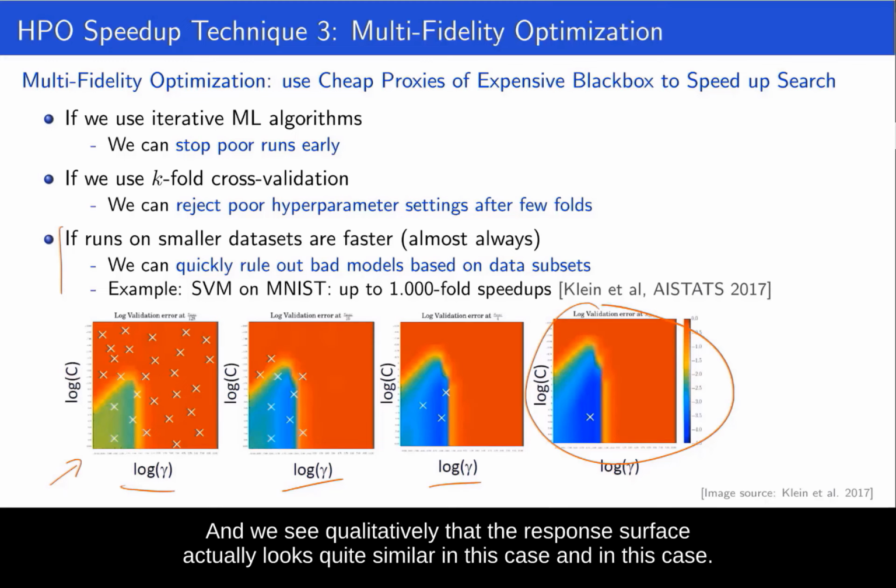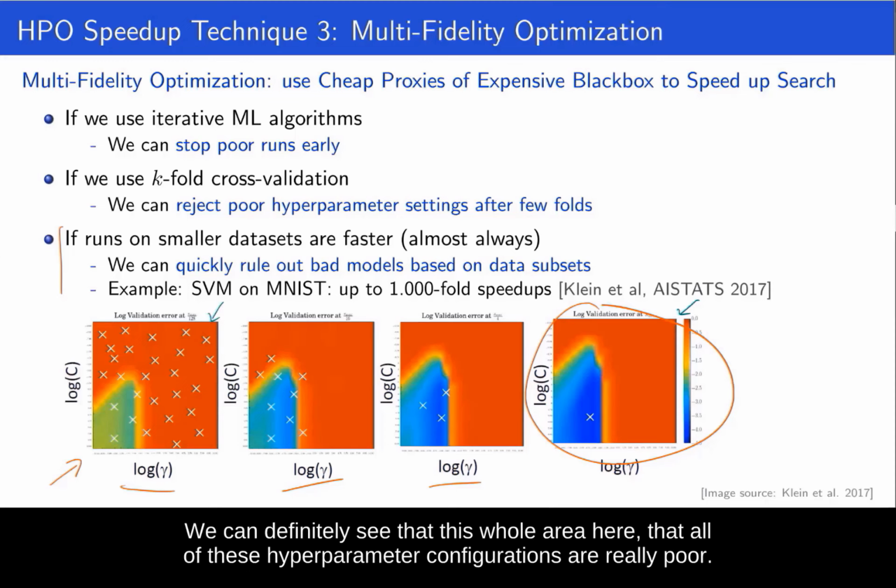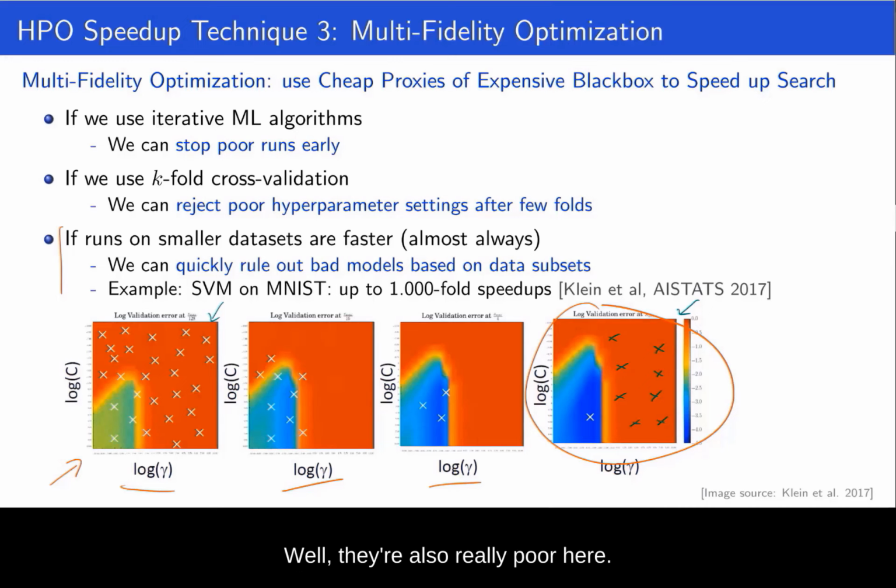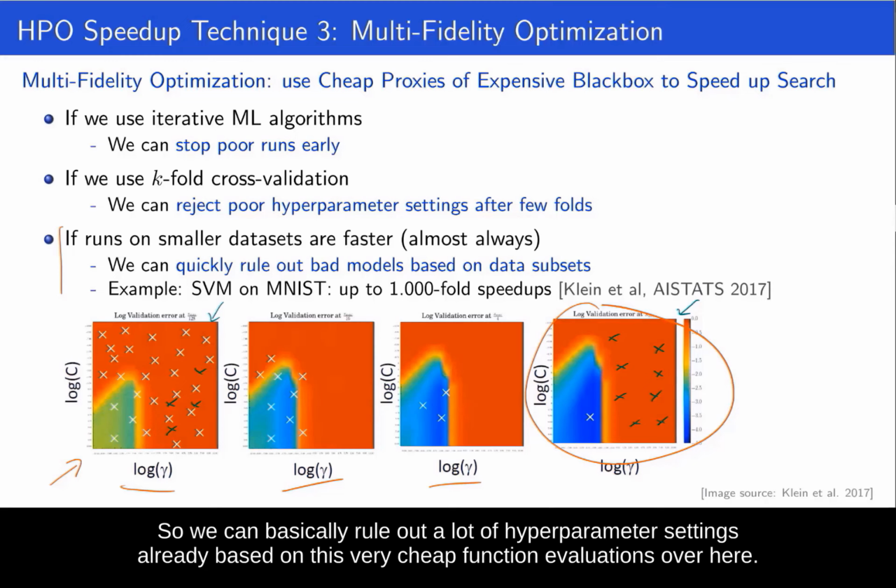We see qualitatively that the response surface looks quite similar in this case and in this case. We can definitely see that this whole area here, all of these hyperparameter configurations, are really poor. Well, they're also really poor here. So we can rule out a lot of hyperparameter settings already based on these very cheap function evaluations over here.